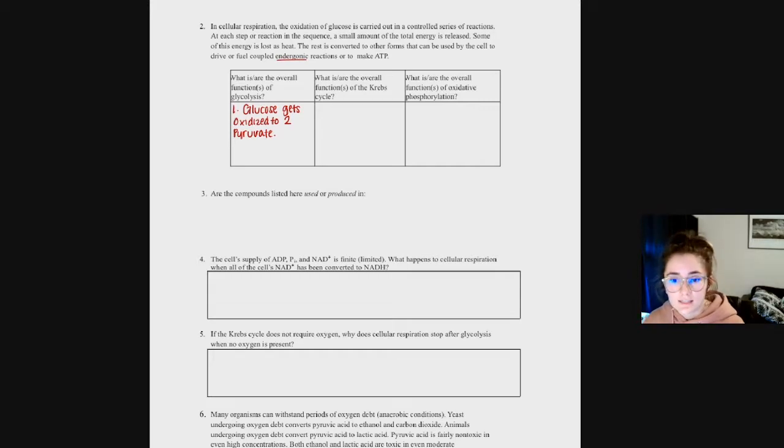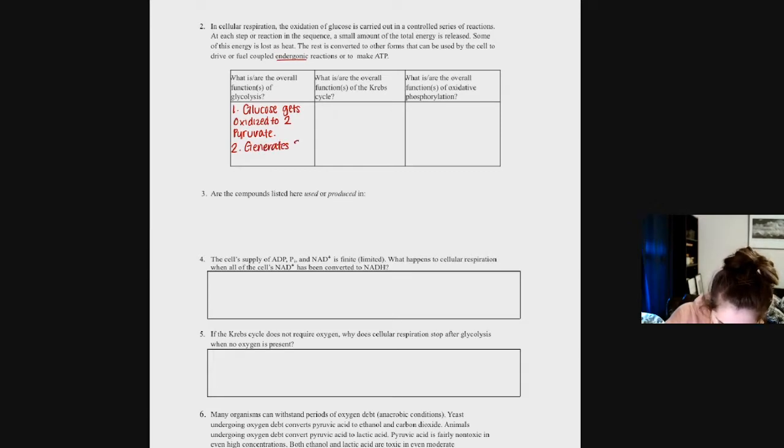And then the second thing that happens is that it also generates 2 ATP and 2 NADH per glucose. So for every 1 glucose, it generates 2 ATP and 2 NADH.